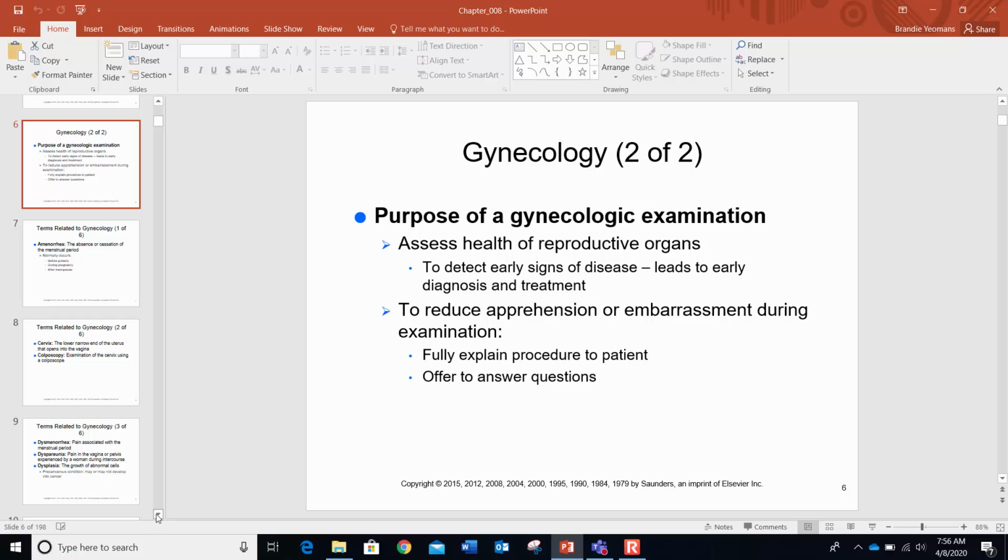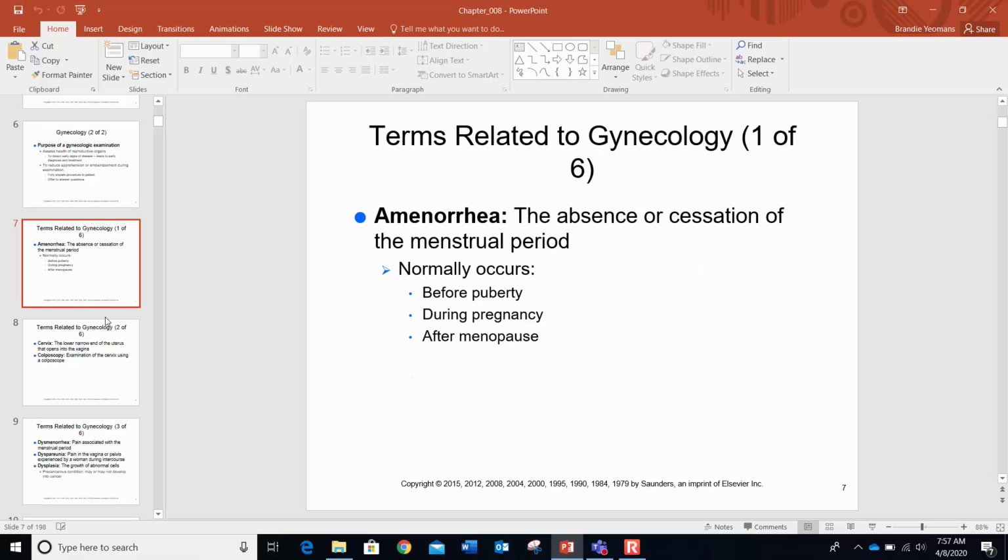We're looking at the female reproductive system on a regular basis in order to try to catch things early if there's going to be a problem. As the slide says, it's to detect early signs of diseases, which leads to early diagnosis and treatment. So that should make sense. Okay, so that's what we're all about doing.